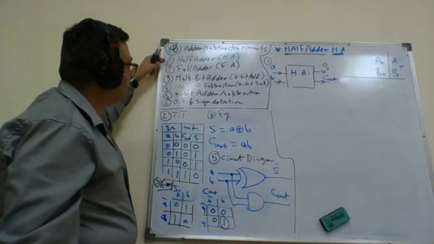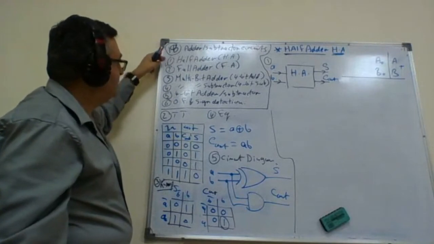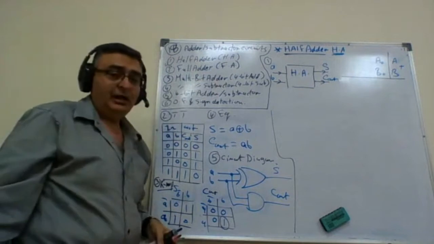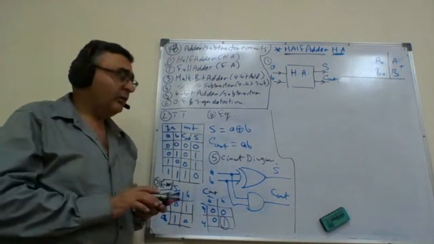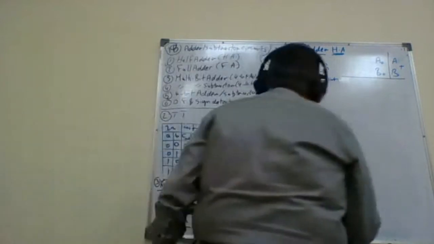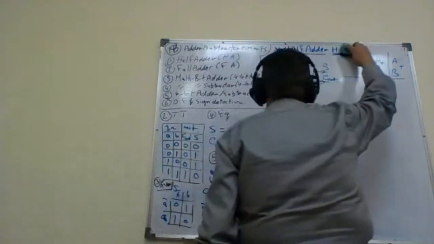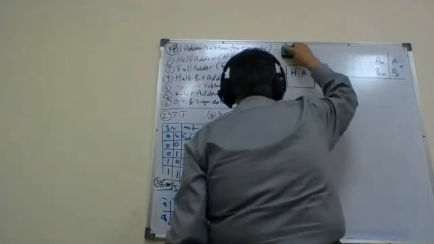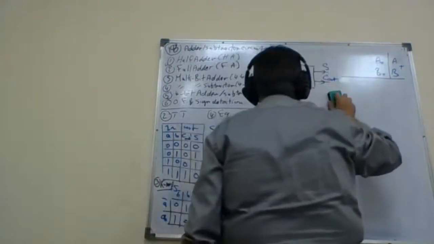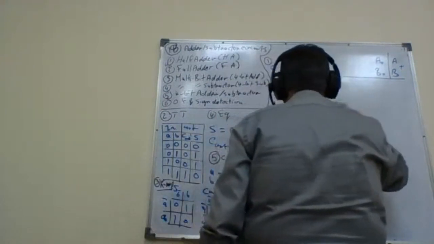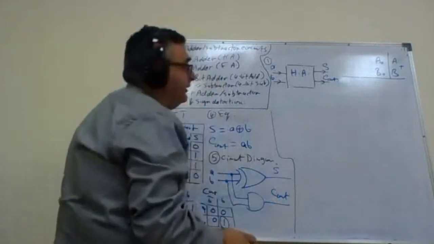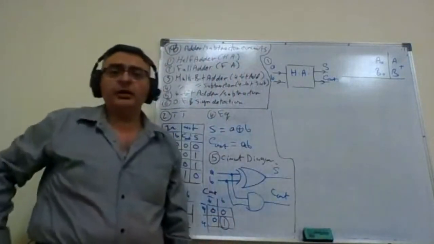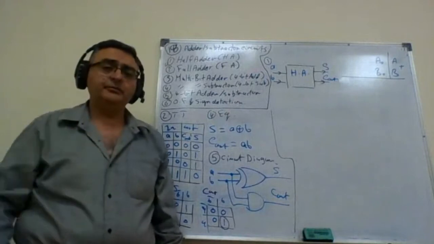Let's jump from the first requirement to the third, multi-bit adder. Let us make our problem more challenging. Okay. What if I actually have A and B, each of them is 2 bits?